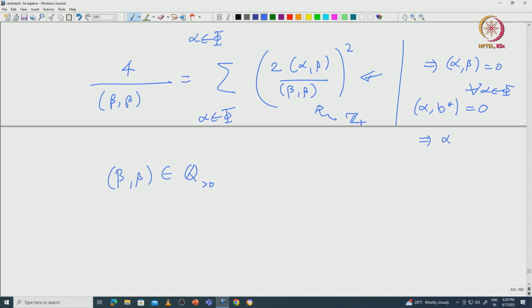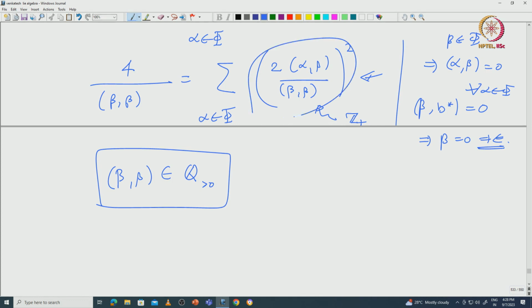So, that forces beta to be 0, which is a contradiction because to begin with we started with beta in phi. Okay. So, that forces this product (beta, beta) to be positive, and that is also a positive rational number because all these numbers are non-negative integers.